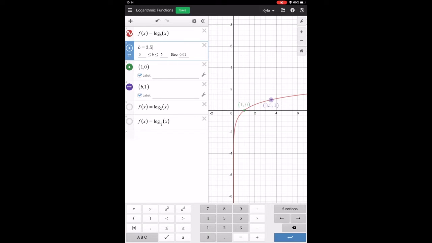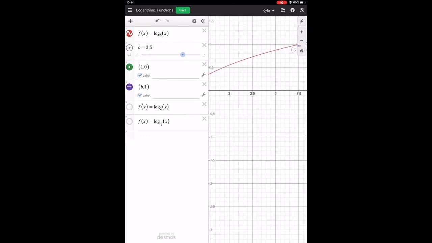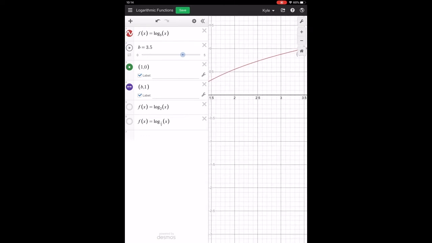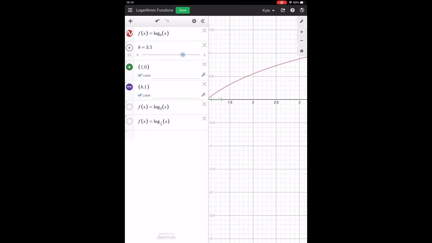Anytime we have the b, we know that at that x value, you'll have the output being 1. So this can help you determine kind of how high up the graph curves or how low the graph curves. So for example, let's say we had log base 2.5. I know that when x is 2.5, right about here, we should be up at 1.